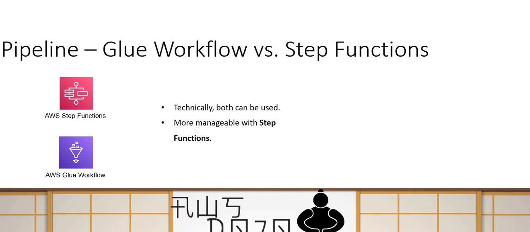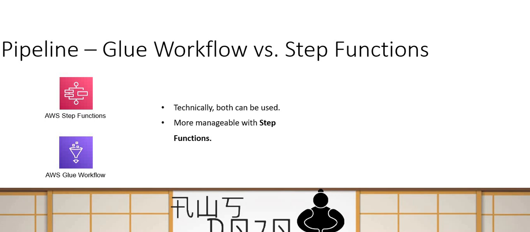People want to do other activities, as simple as sending notification about success and failure of your pipeline. For such things, you need to integrate with other AWS services, which is much easier to manage in Step Functions than doing the same in a Glue workflow. So my recommendation is that if you're going for a single pipeline configuration, try to use Step Functions. It is much easier.